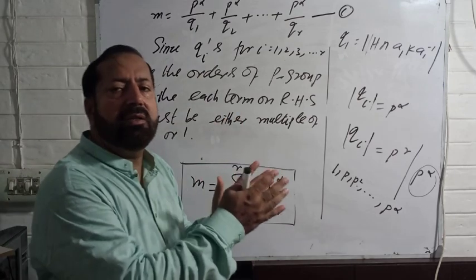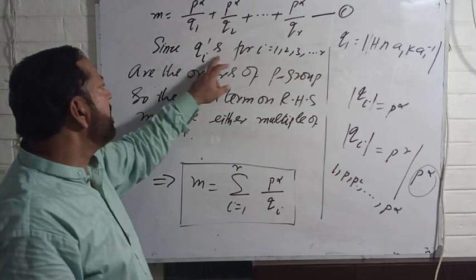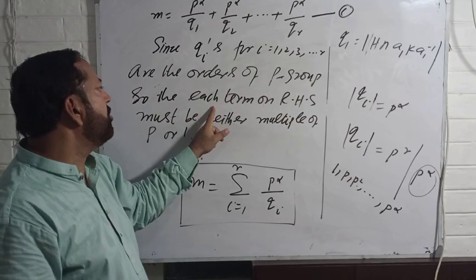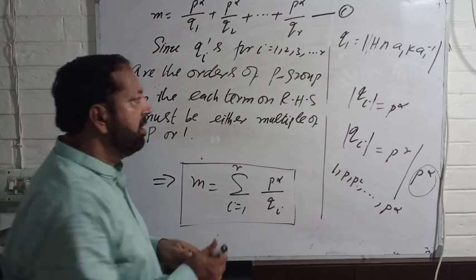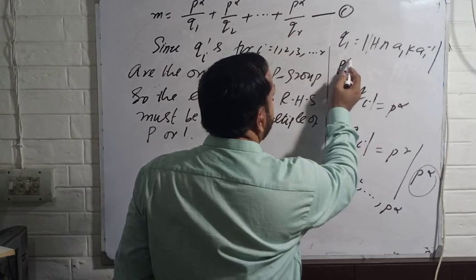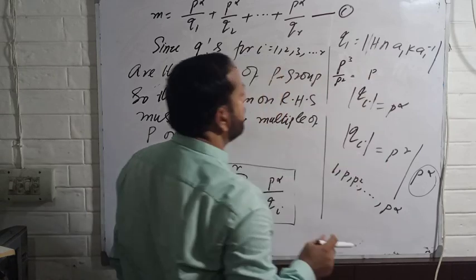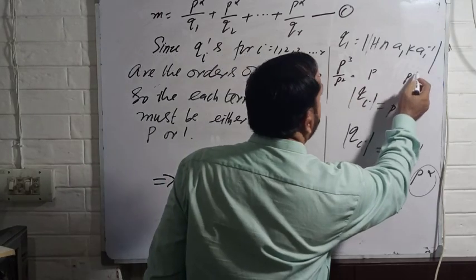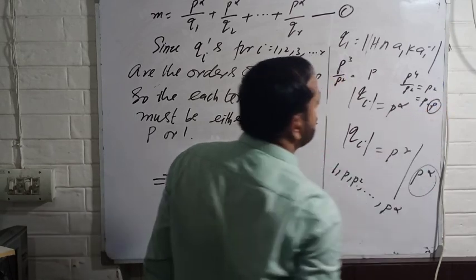Okay, now I am writing this result with the help of p groups. Since Qi for i varying from 1 to r are the orders of p groups, each term on the right hand side must be either a multiple of p or 1. Say you have p cubed divided by p square, this could be p, okay, and say here you have p to the fourth and here p square, this is p times p, so a multiple of p.